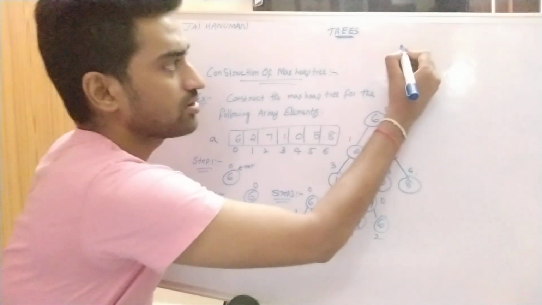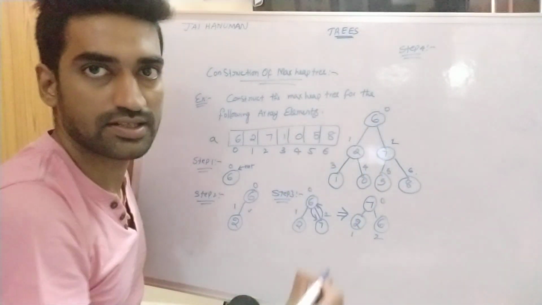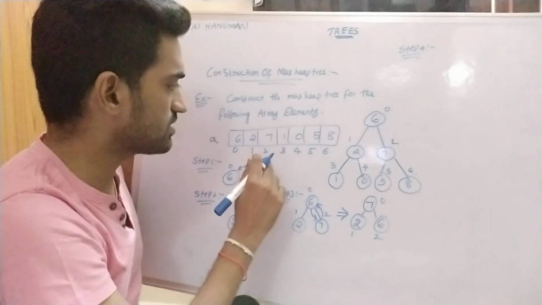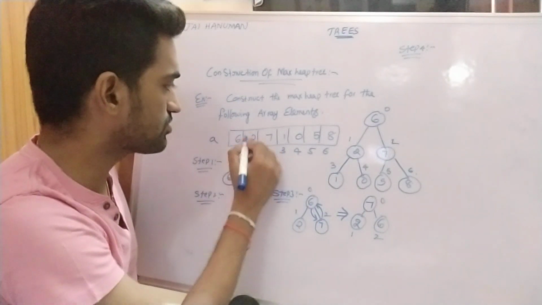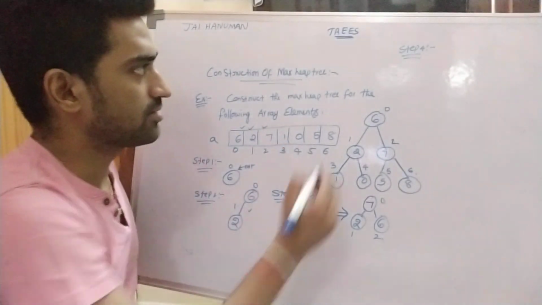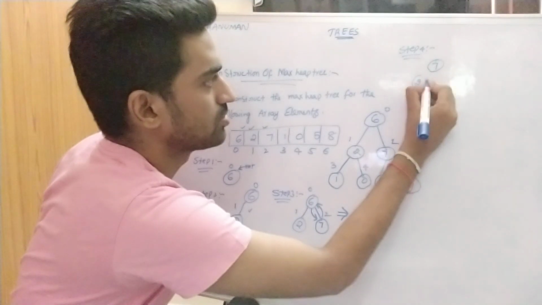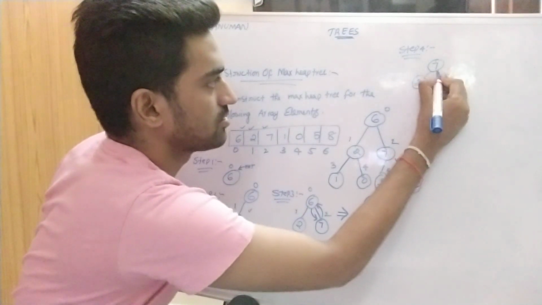So in step 4, we are inserting one more node. What is the next node? 6, 2, 7 are already inserted. Then we are inserting 1. 7, 2, 6.